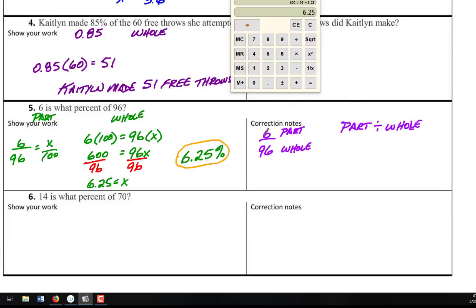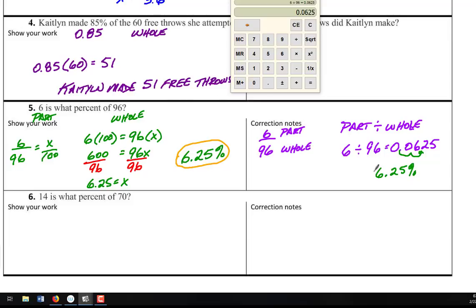That's what fractions are. Fractions show division. So we can do 6 divided by 96. 6 divided by 96 equals 0.0625. And we know to change that to a percent, we end up moving this decimal 2 places over, and we get the same answer we had a minute ago.